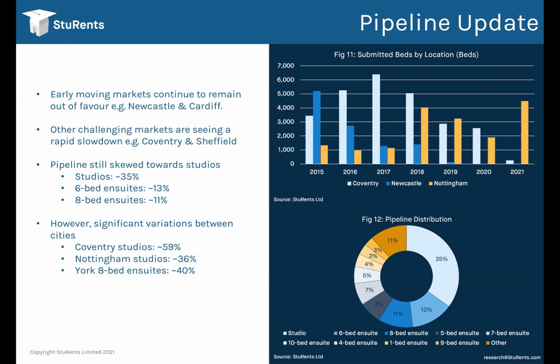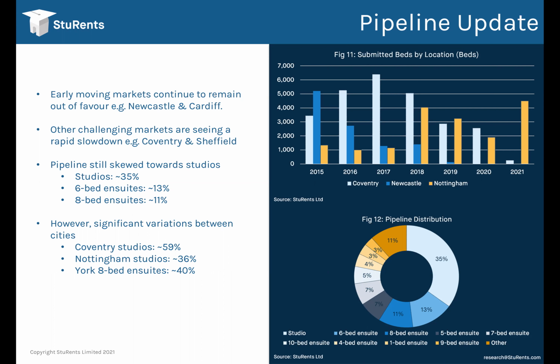And we can see that in figure 11, where the number of beds being submitted really peaked in 2015. Obviously, as that market arguably became oversupplied with PBSA, the number of applications being put forward dramatically fell off. We're starting to see that trend also play out in places like Coventry and Sheffield.